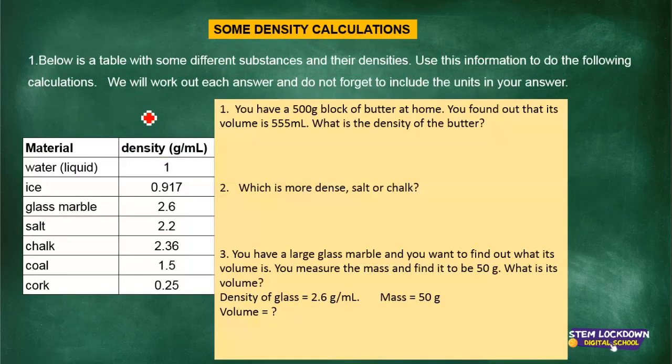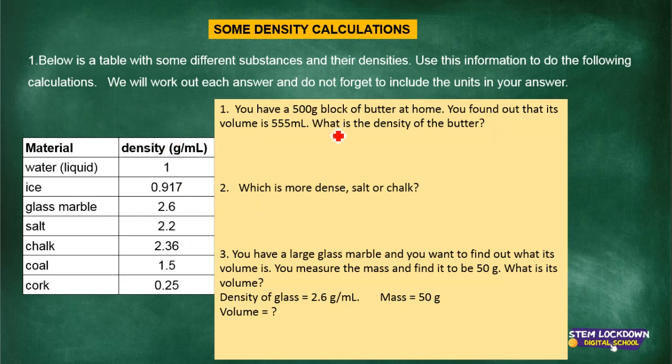So now, we have about 3 or 4 minutes left, so I want to teach you how to do some density calculations. So we have the density of liquid, ice, a glass marble, salt, chalk, coal, and cork. So this is the density of each of it.